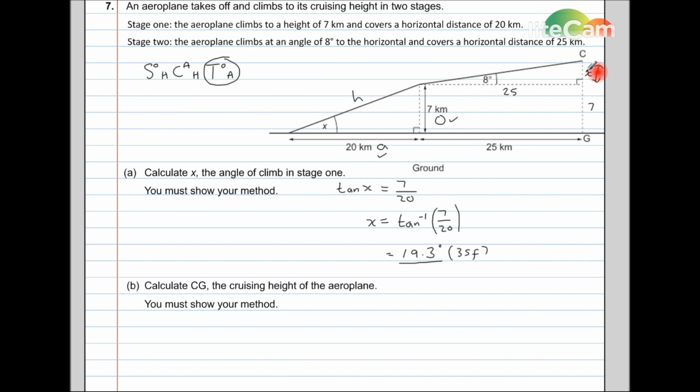Okay, so we've got a right angle triangle here, we've got 25 here is the adjacent, x is the opposite, and the hypotenuse here, so we know adjacent and opposite. So again, we're going to be using tan. So we will say tan of 8 degrees is the opposite, which is x, over the adjacent, which is 25.